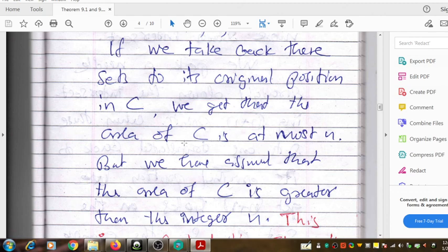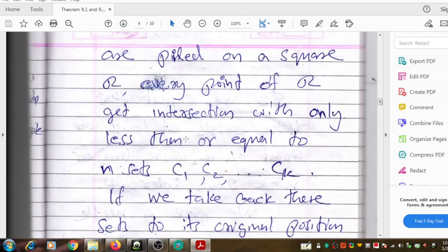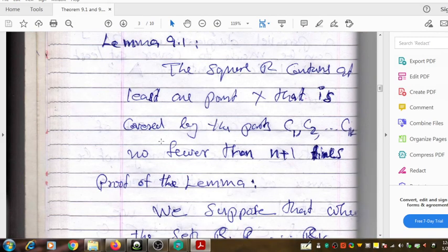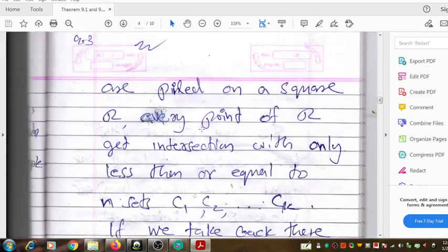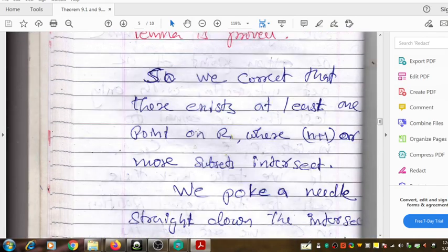For that, we must conclude that there exists at least one point, say x in R, which is covered by the subsets C1, C2, etc. to Ck no fewer than n plus 1 times. Hence we complete the proof of the lemma.